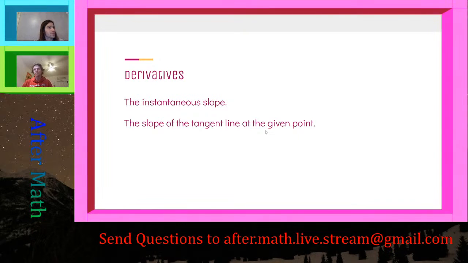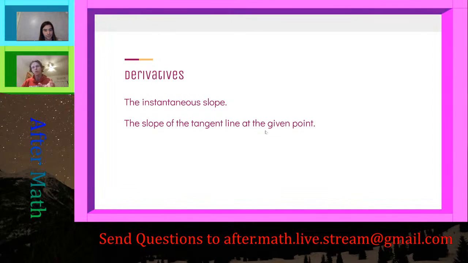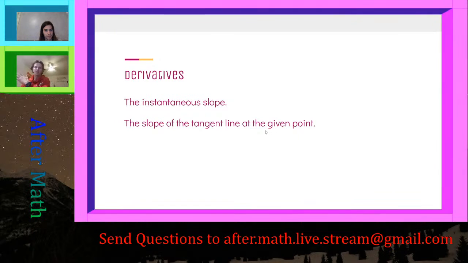So what a derivative is, it is the instantaneous slope. We just learned about slope, right? It was the rise over the run, or the change of y over the change in x. So the derivative is the slope at a certain point of a function, because a lot of functions are curvy, so it's hard to get that line.